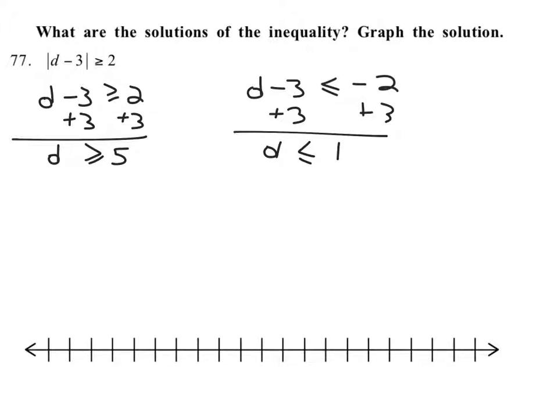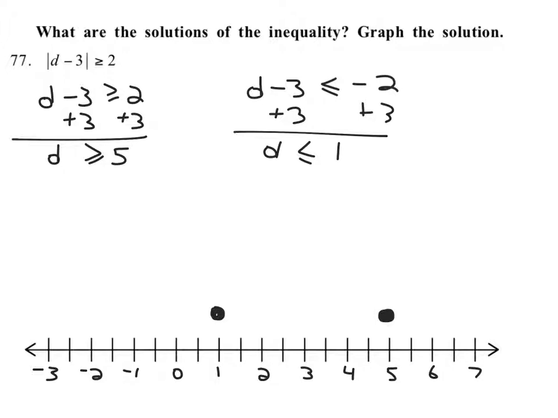Okay? So if I was going to label our number line here, we've got an endpoint at 5, and it does say or equals, so we fill it in. We've got an endpoint at 1, and it does say or equals, so we fill that in.